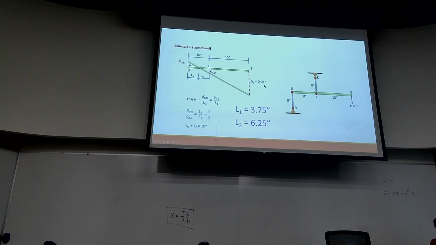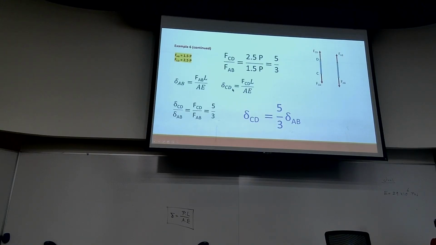That was given. The member CD, which is this one, is going to elongate by delta CD. AB will also elongate by delta AB, and you're going to form an angle of theta here. So using the geometry here, you could get one additional equation.